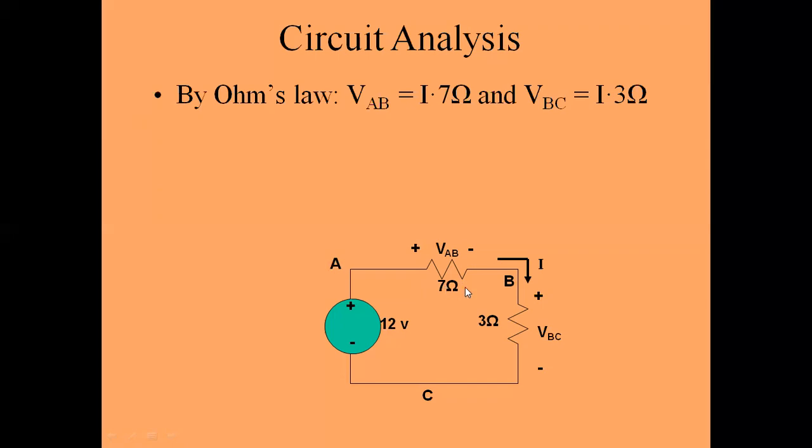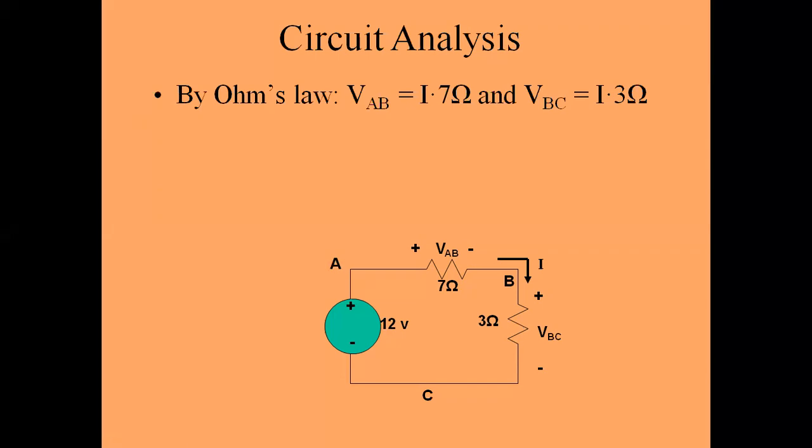Let us say I ampere of current is flowing through the resistor. So VAB is equal to I into 7 ohm. Similarly, VBC is equal to I into 3 ohm, the voltage across the 3 ohm resistor.